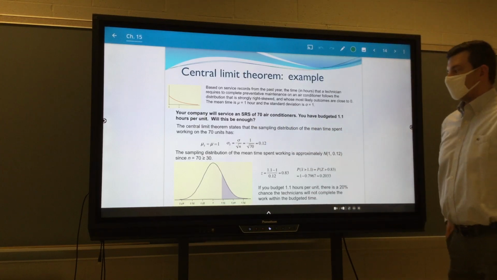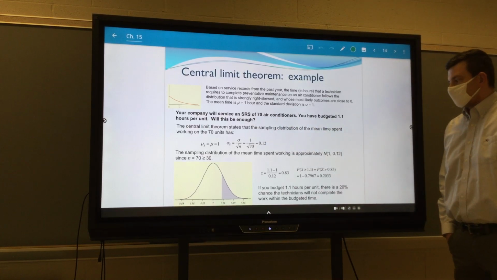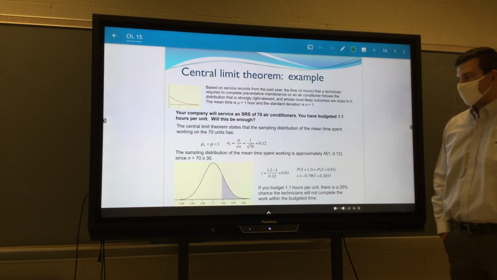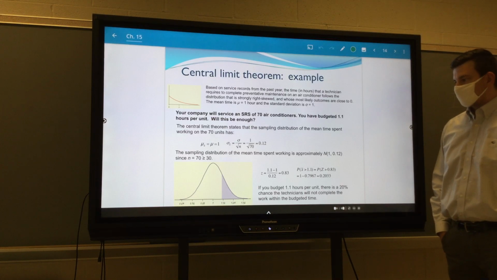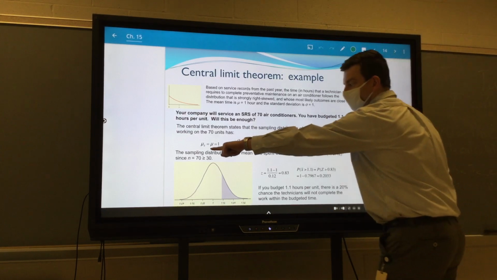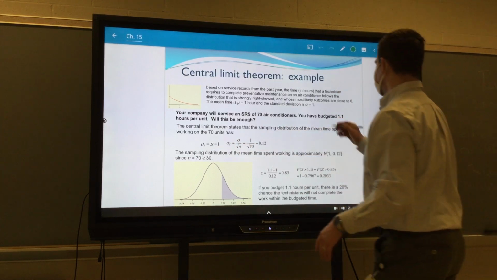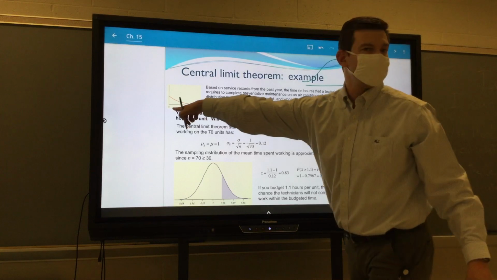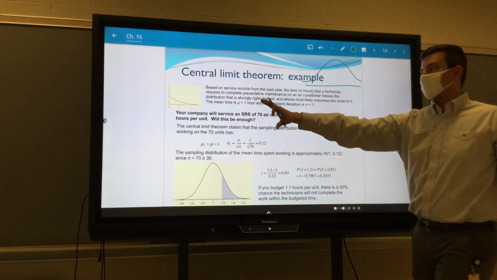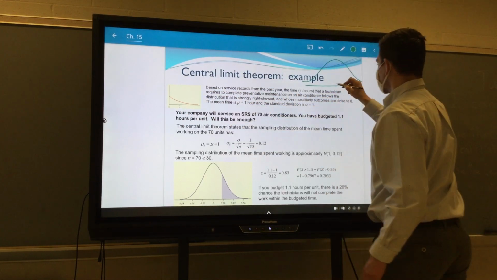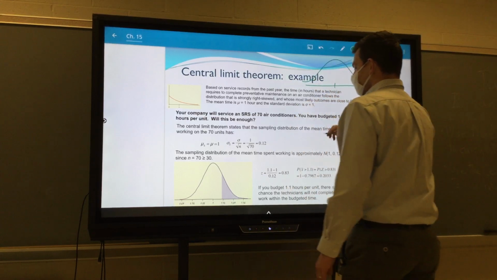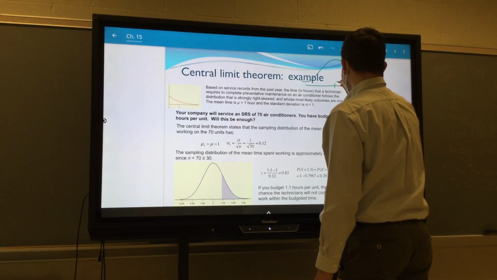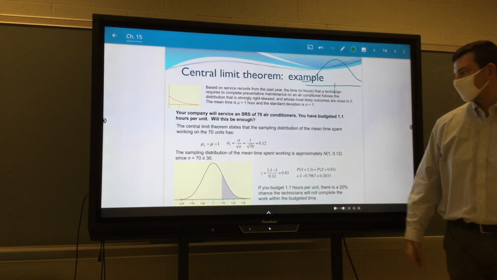Well, the central limit theorem states that the sampling distribution of the mean time spent working on the 70 units has a mean of 1 hour. We can start to visualize this sampling distribution. Even though our population distribution has no resemblance to a normal curve, we know that our sampling distribution will. So 1 hour right there at the center.